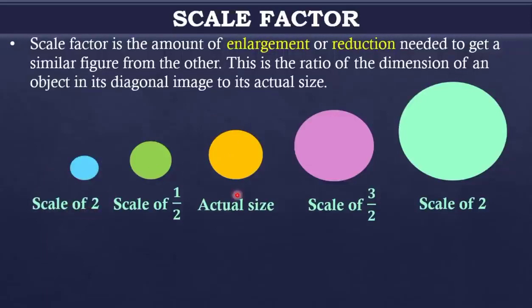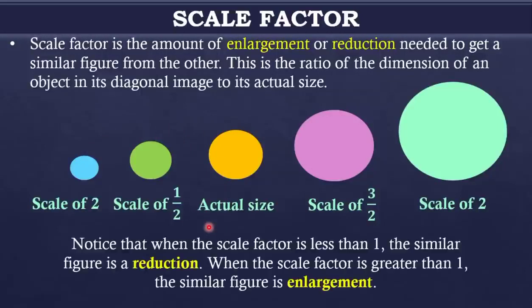So, from the actual size, we have here the enlargement half of its size, and then the enlargement twice of its size. And then this one, the reduction half of its size, and the reduction twice of its size. Okay? So, as you can see, the scale factor is less than 1.